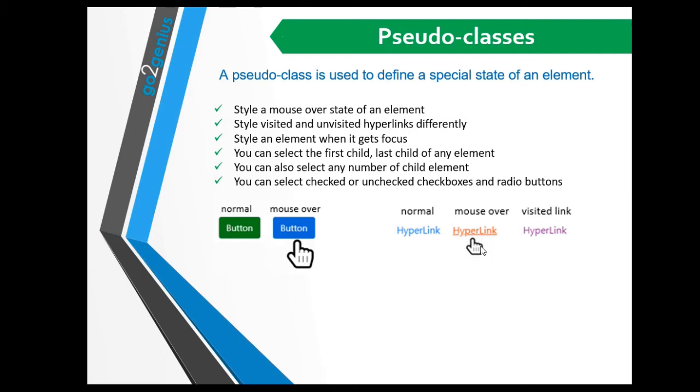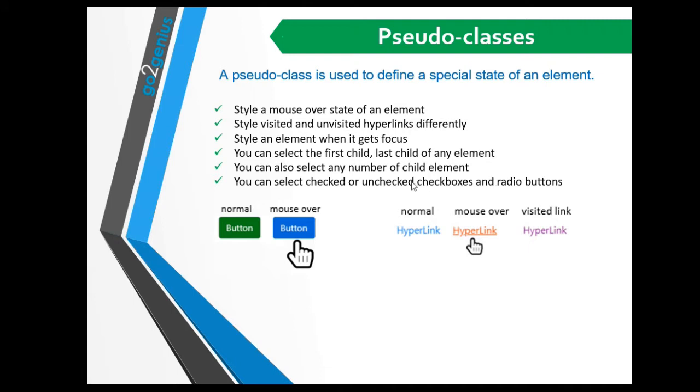When the user moves the mouse over it, its color changes to orange, and after the user clicks on this link, the hyperlink color changes to purple. You can see this example when you search anything in Google. When you click on a link, after that the hyperlink color changes to purple.